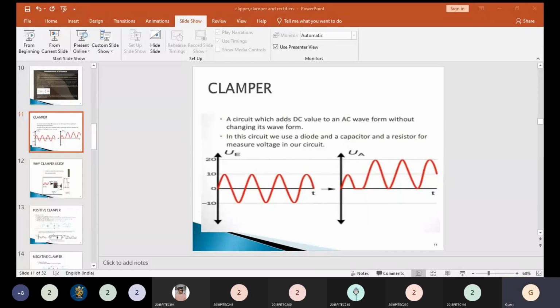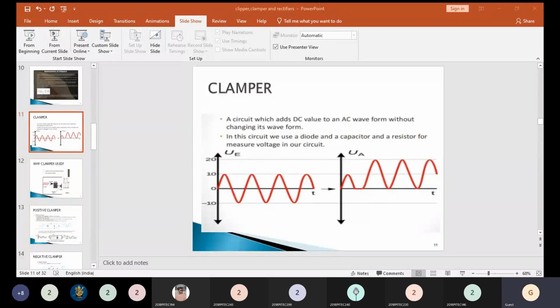So which one is the correct option? The option is C, negative half wave rectifier with 2 diodes. Why? We use the 2 diodes so that the output of the op-amp does not saturate.